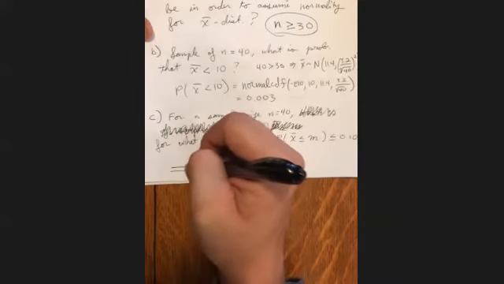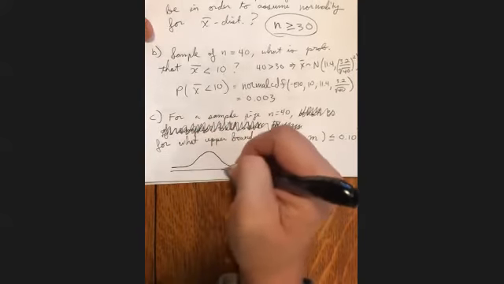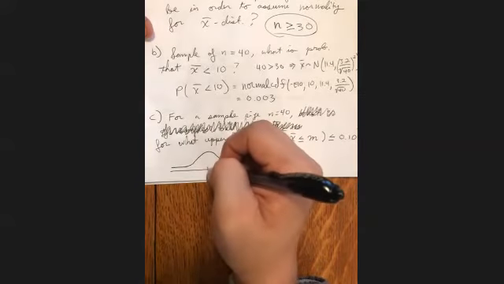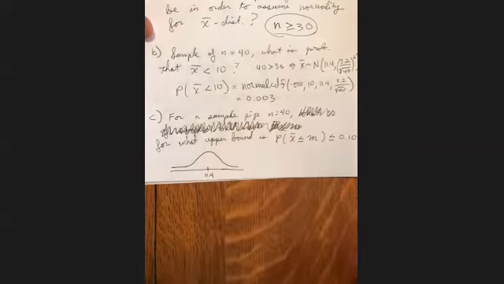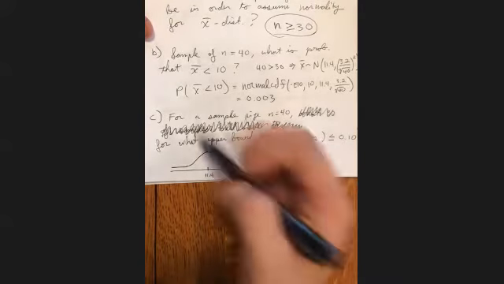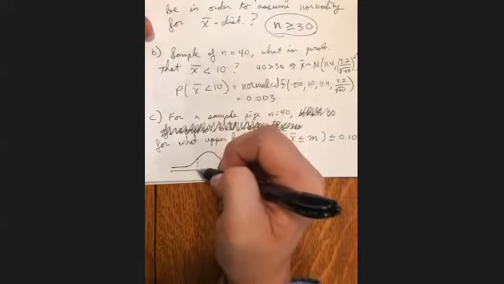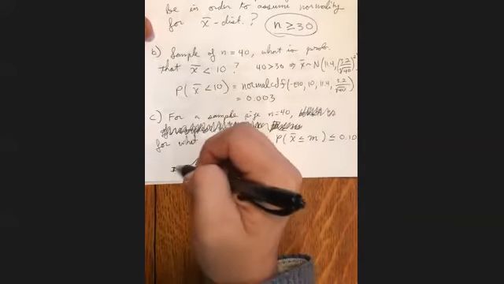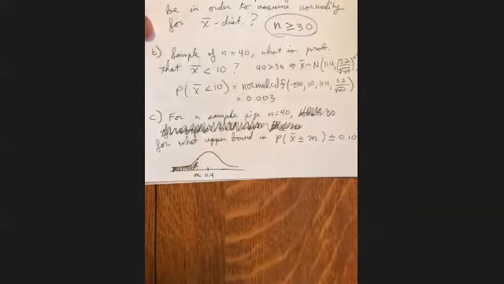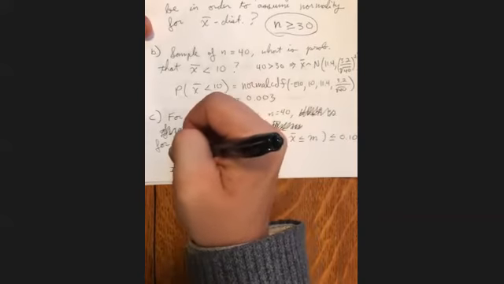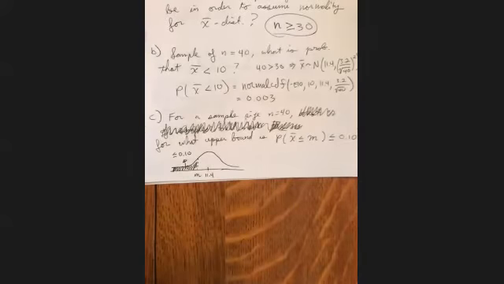Now, what we know is that X bar is normally distributed. We have a mean of 11.4, and we're being asked for what upper bound, which I called M, for what value M is the area to the left of M, the probability of X bar being less than or equal to M, less than or equal to 0.10.